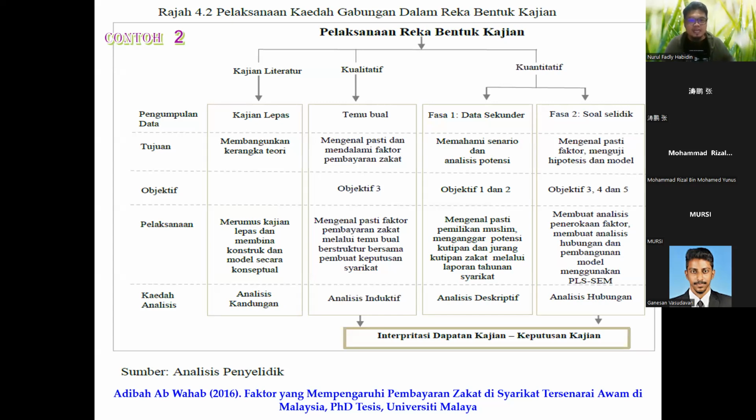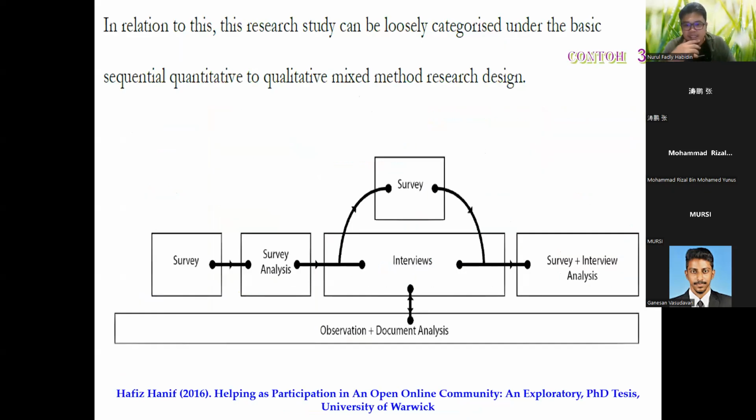So the objectives, implementation and method of analysis are aligned and balanced to make sure the research design can answer the objectives, questions or hypotheses. Okay, this is another visual from a PhD student showing their research design.